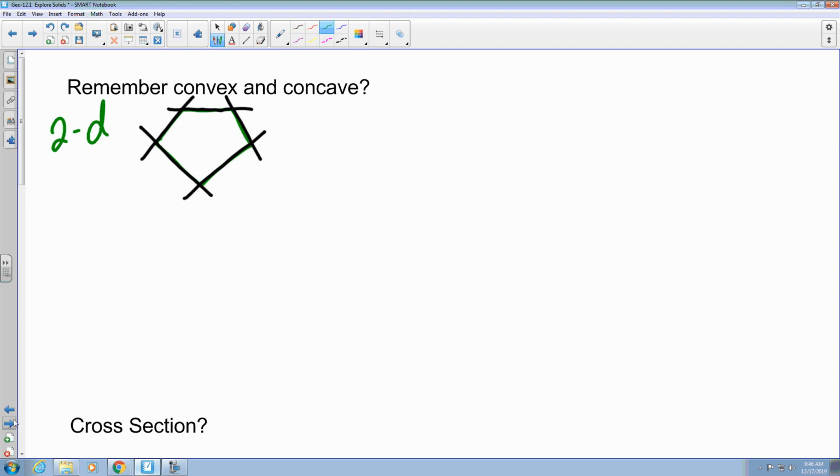If you looked at concave, and if you could say just one edge went across the middle like it did here, so this would be the convex, this would be the concave. Kind of similar idea when it comes to three-dimensional objects. Usually it's attached to what the base looks like.